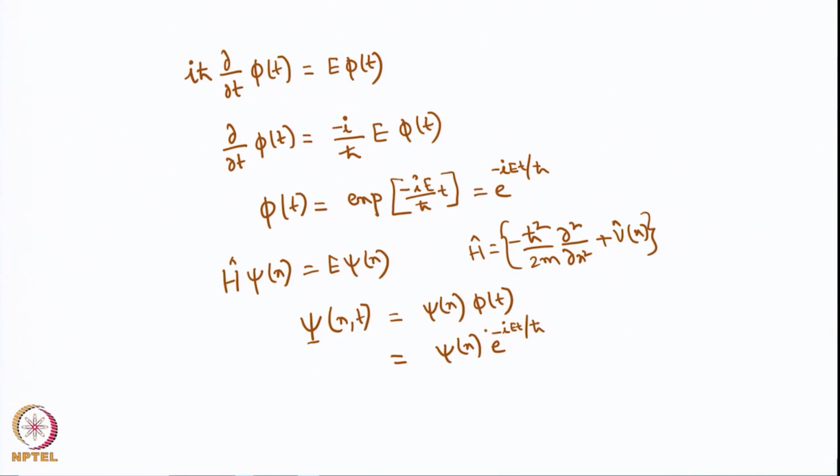In this case, this is called the phase factor. The total wave function psi of x comma t is equal to psi of x e to the power of minus iEt by ħ.